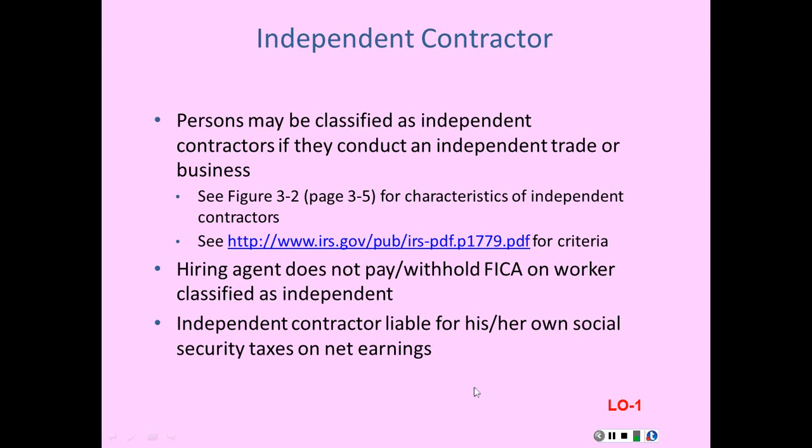So then as a result, if you were an independent contractor, then you're the one that's liable for Social Security, and you're liable for the payment of those taxes, not the party that paid you under the contract.